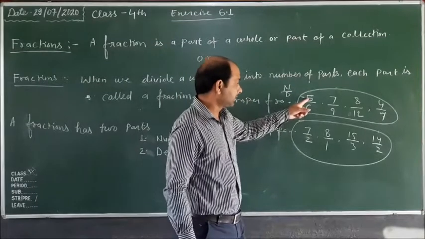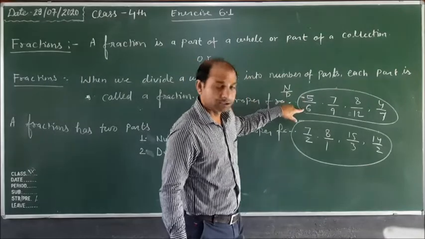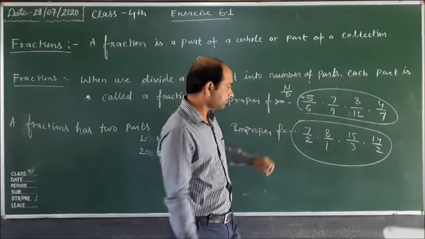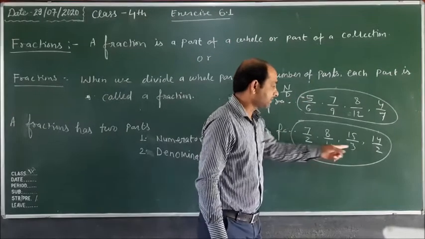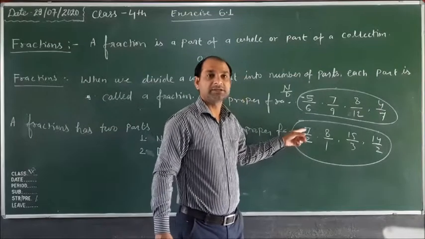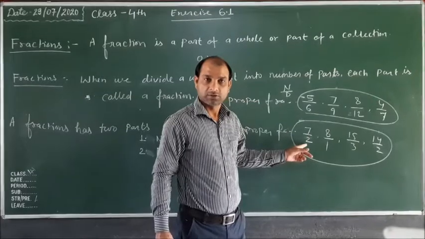So the numerator is less than the denominator, meaning the denominator is greater and the numerator is smaller. But in these fractions, the numerator is greater and the denominator is smaller.